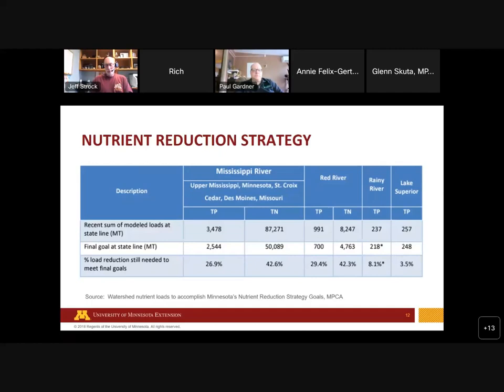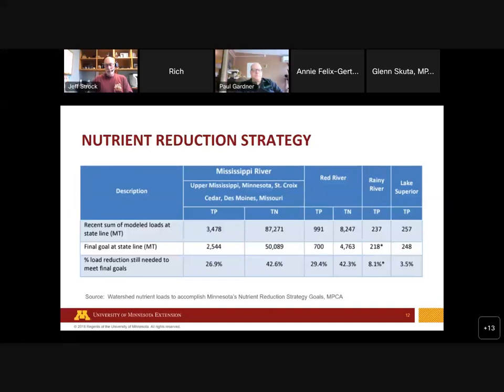Phosphorus is really similar. The percent reductions are different and the metric tons are different, but it shouldn't be surprising that where we have the vast majority of ag production is where we need to do the most work in terms of trying to achieve these goals that we have set out in front of us.